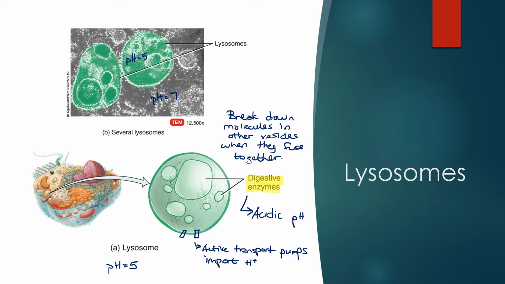Now, pretty much the lysosomes act like the trash bins of the cell. They are going to take in damaged or unneeded organelles, debris, or really any garbage that the cell has, and digest it completely.